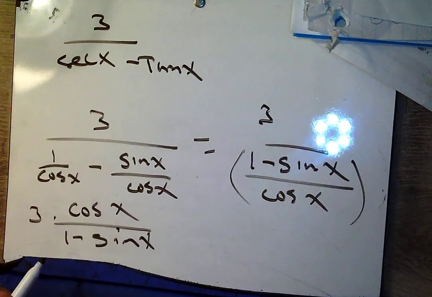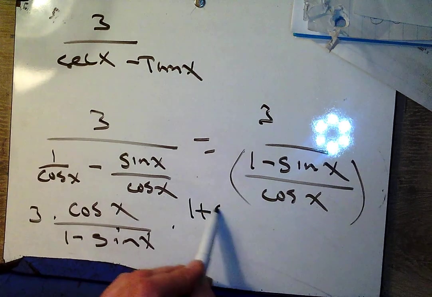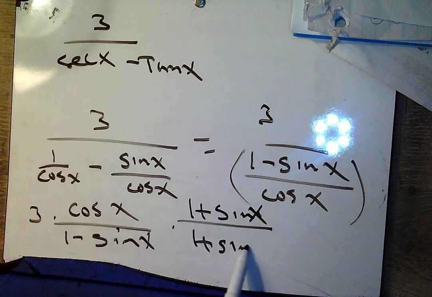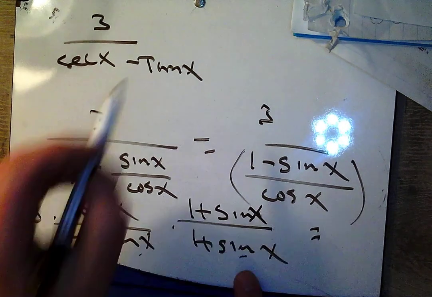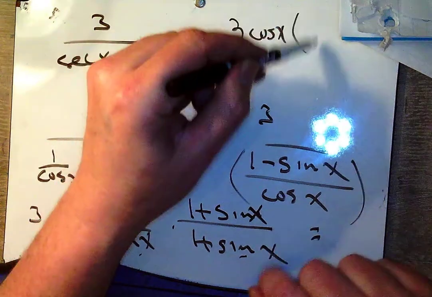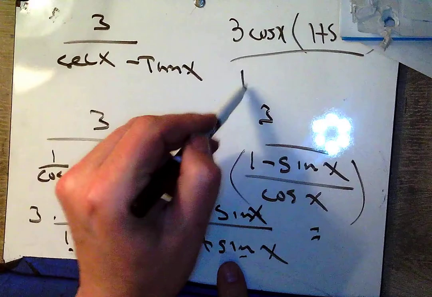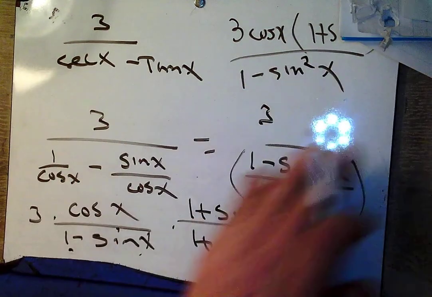And yeah, well, what if I use the conjugate here? I'd have 1 plus sine x, 1 plus sine x. On the bottom, when I FOILed out this difference of squares, I'd have 3 cosine x, 1 plus sine x over 1 minus sine squared x. Okay?